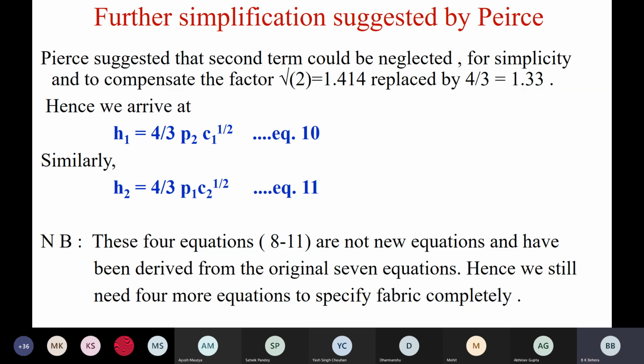So far, we have only 7 basic equations. So we have to search further to find more relationships so that we will be in a position to solve all our equations to find 11 variables. So how to proceed to find further relationships so that we can find all 11 parameters of the fabric?